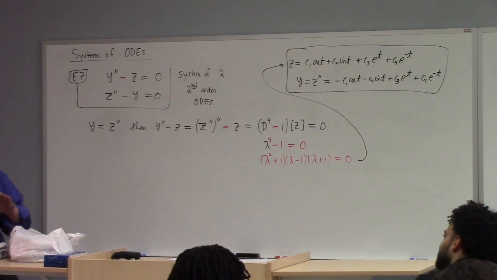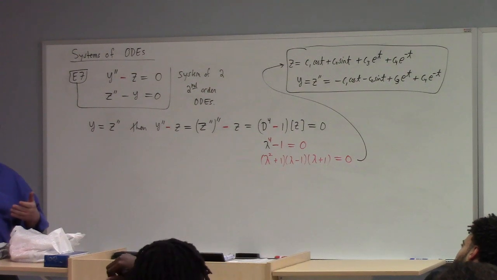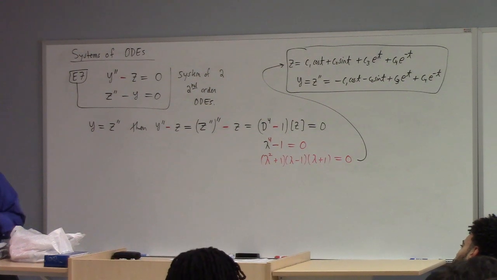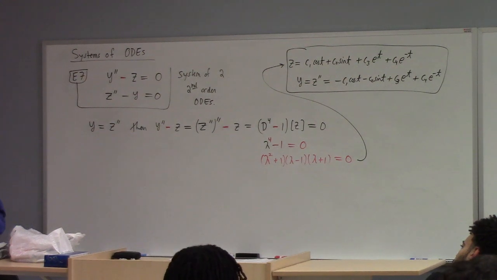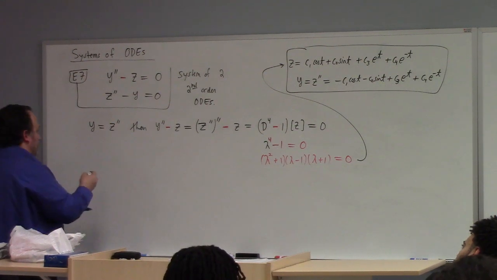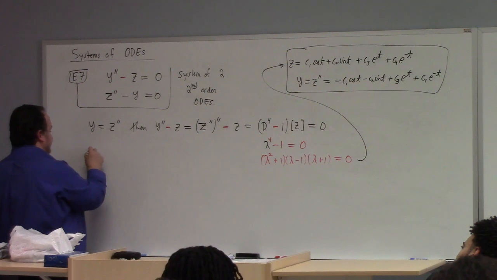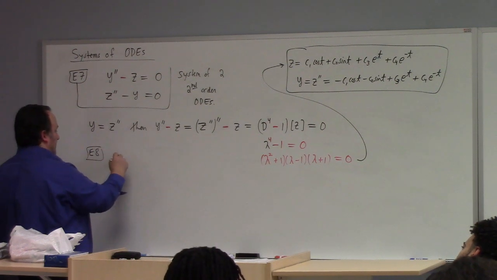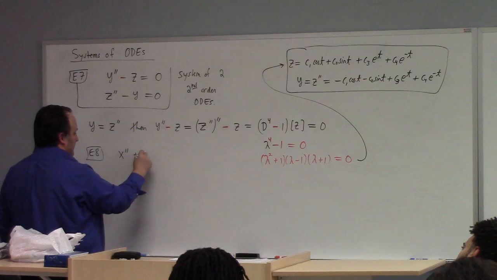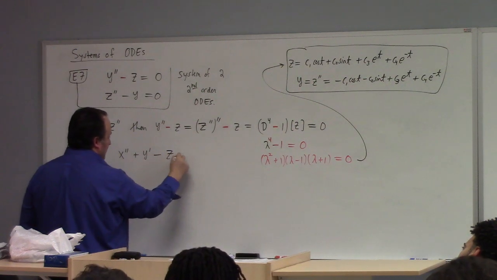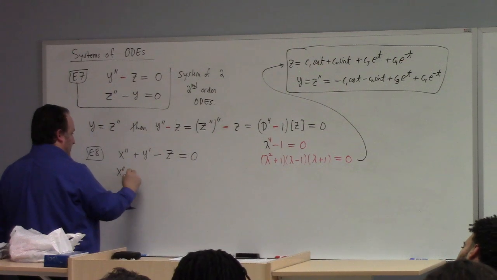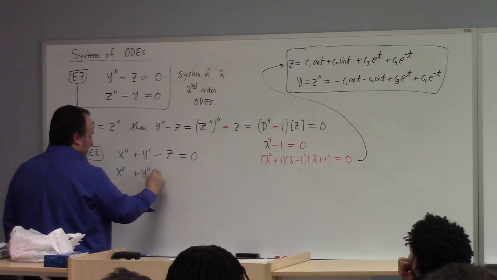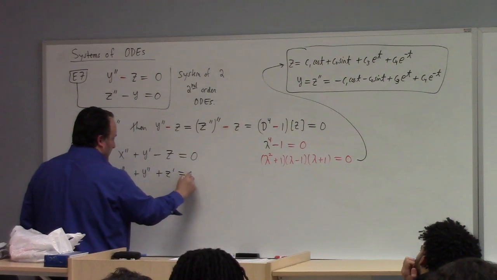Now you might be like, well, I don't care about your matrices. This doesn't seem too bad. It doesn't seem too bad until I do something like this. x prime prime plus y prime minus z equals 0. And then x prime prime plus y prime prime plus z prime equals 0.